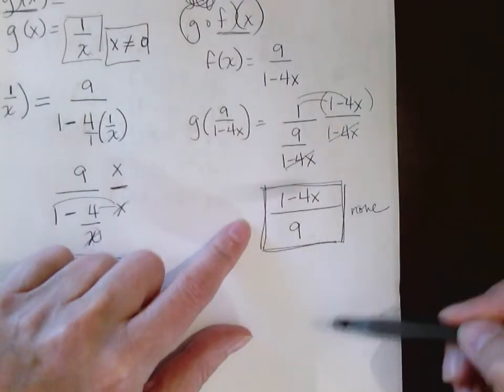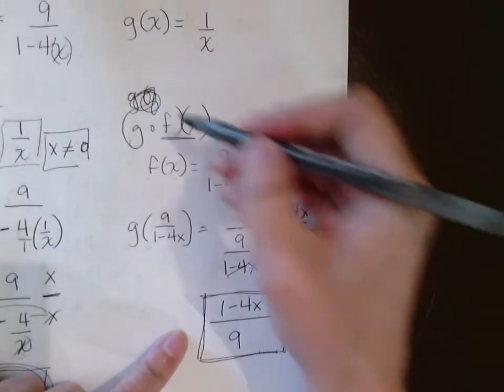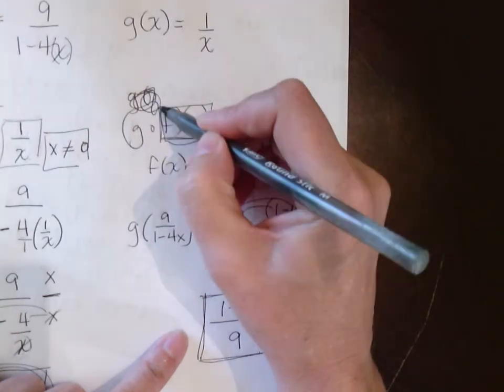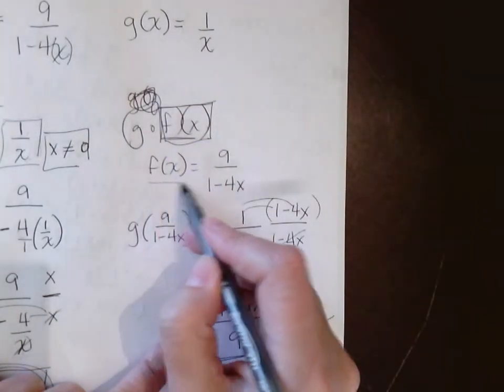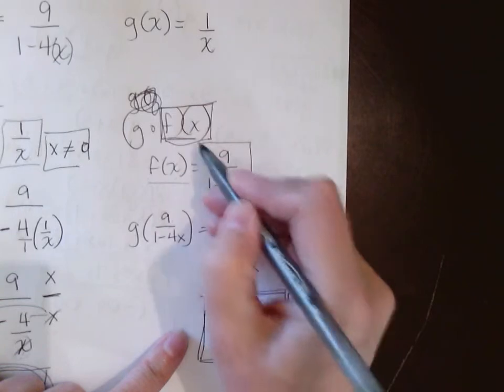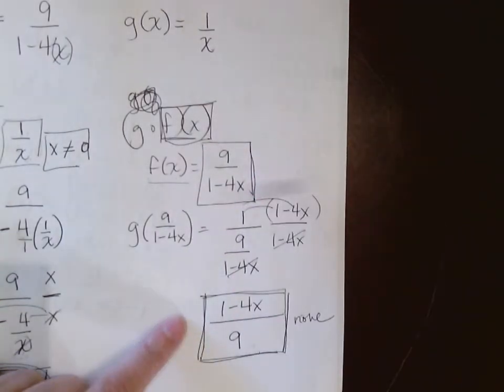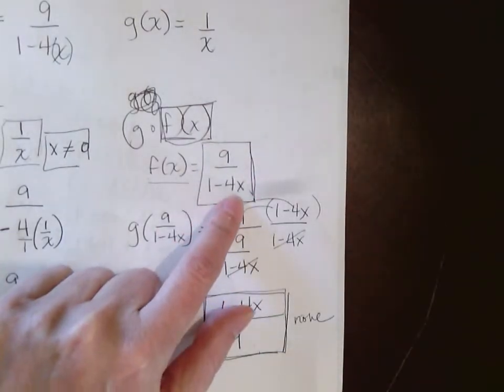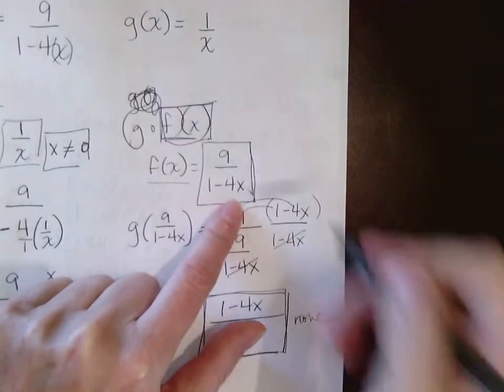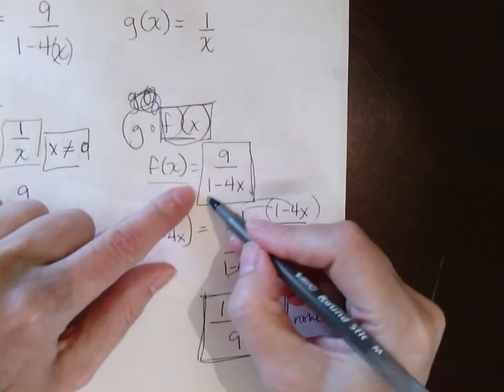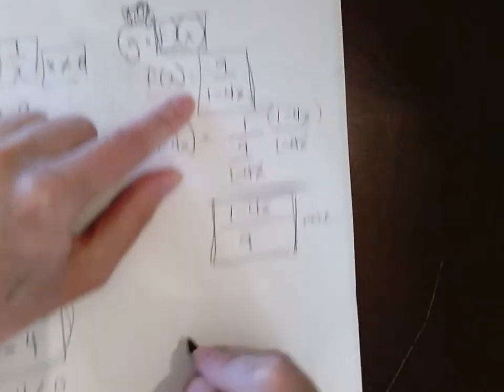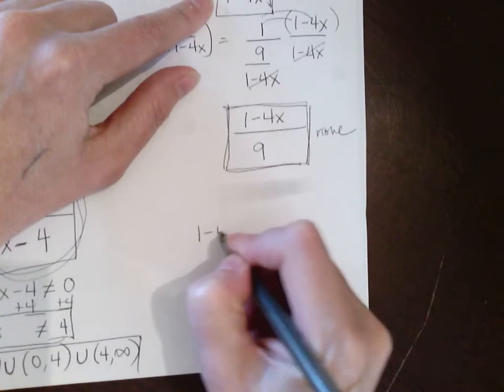But remember, the other part that you have to check is the inner part. Are there any restrictions in f of x? Well, here is f of x, which means, is there an x in the denominator? Yes, there is, which means I need to record this restriction. So I need to say 1 minus 4x cannot equal 0.